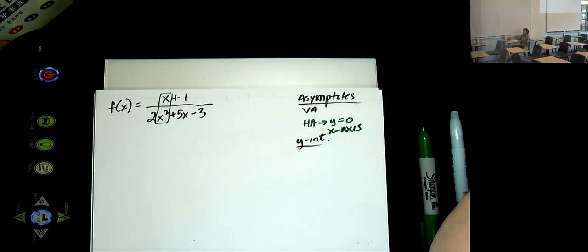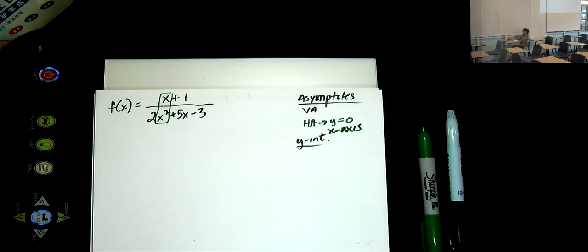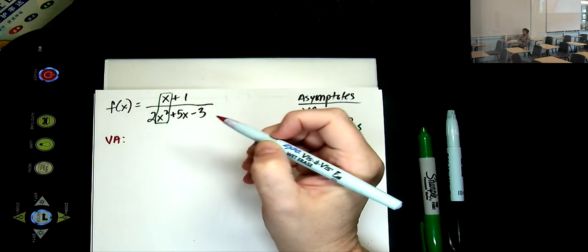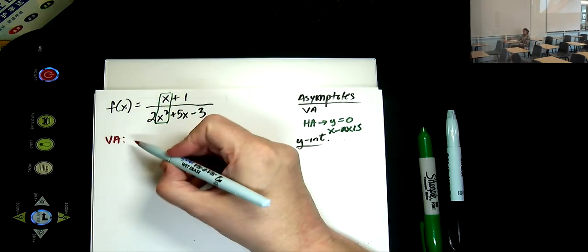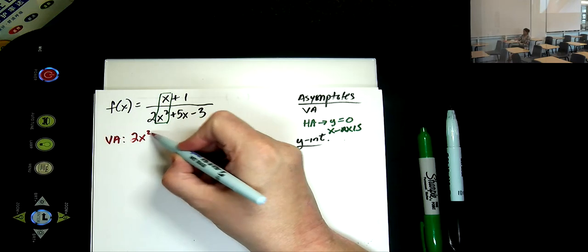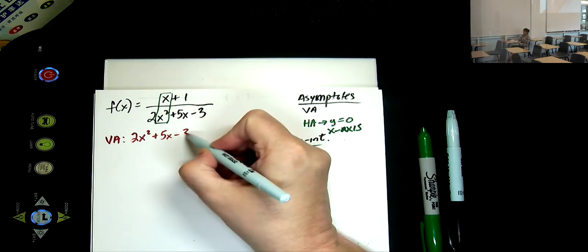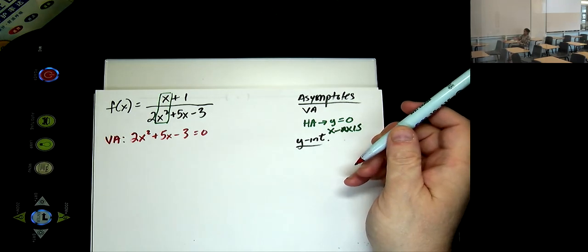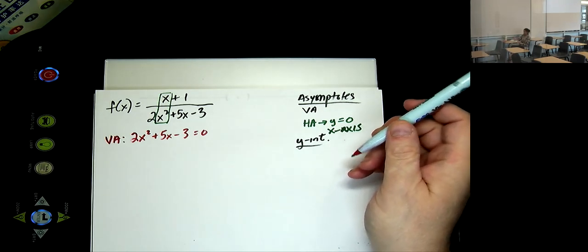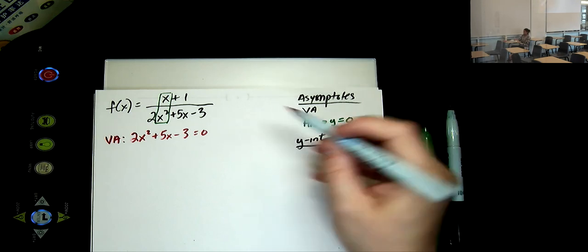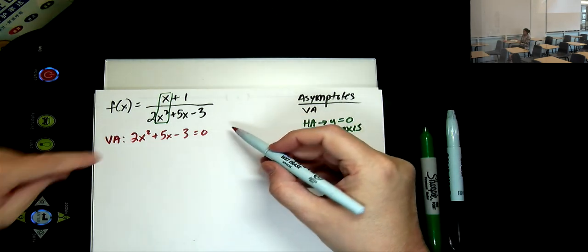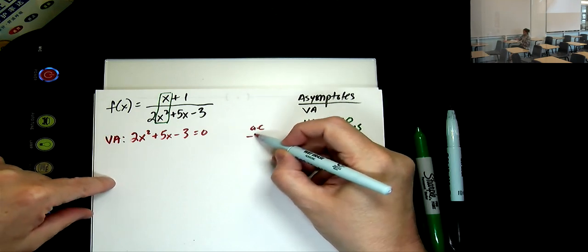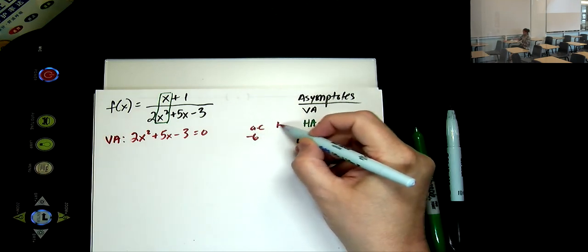Where are the vertical asymptotes? Where the denominator equals 0. So I have A times C is -6 and B is 5.